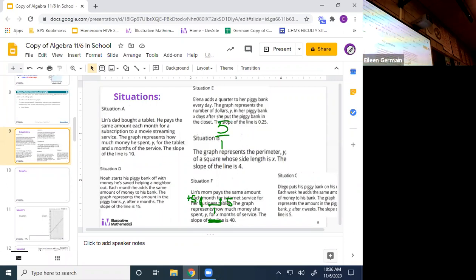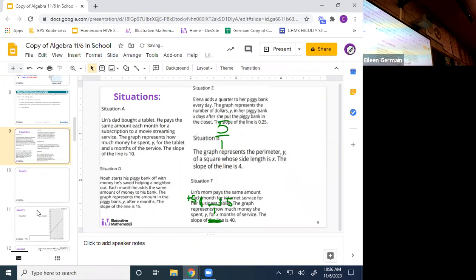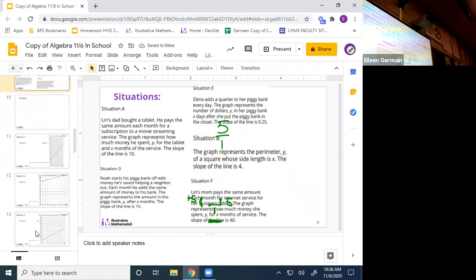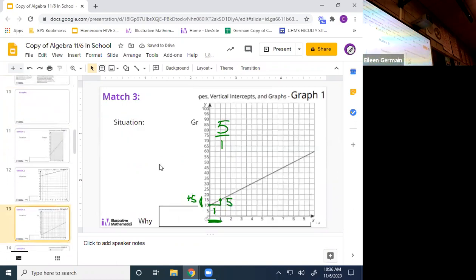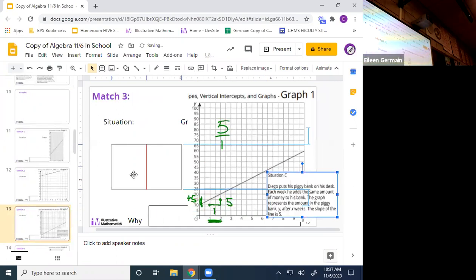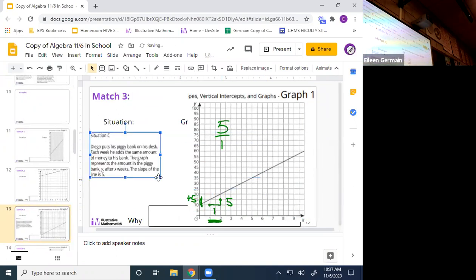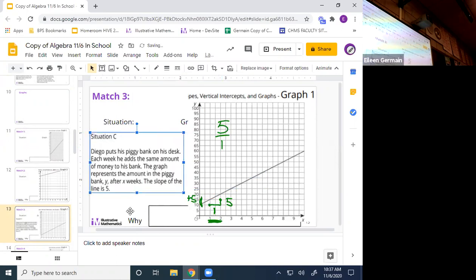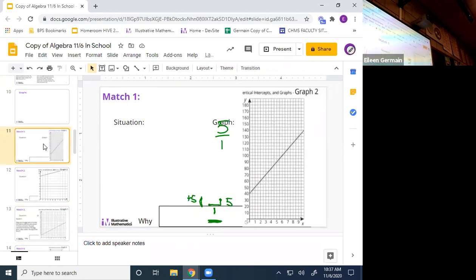Does everybody see why we made that decision? So we're going to come back to graph number 1 and we're going to make that match. Does everyone see why we made that match? Okay, good.